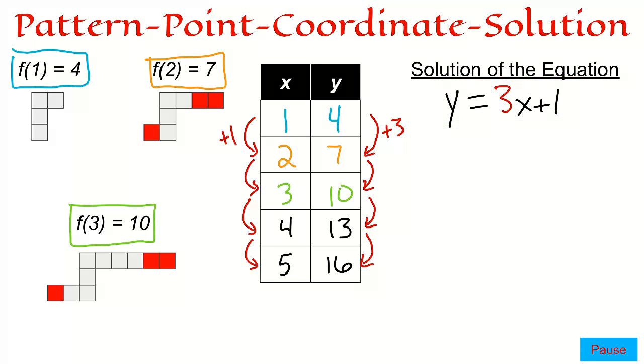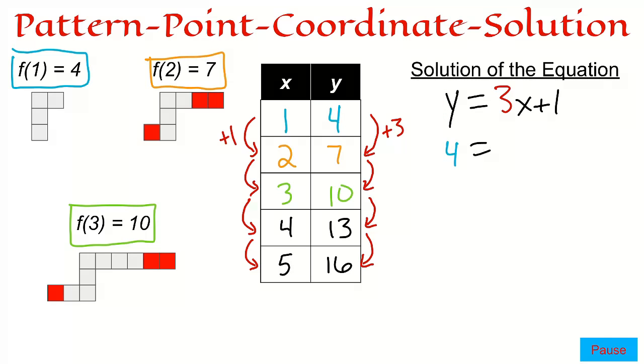And when we think about a solution to the equation, here is what we mean. We can take any xy pair, a coordinate point, and plug it in for x and y, and the equation will come out to be true. So here, our y value is 4, so I'll plug 4 in for y.